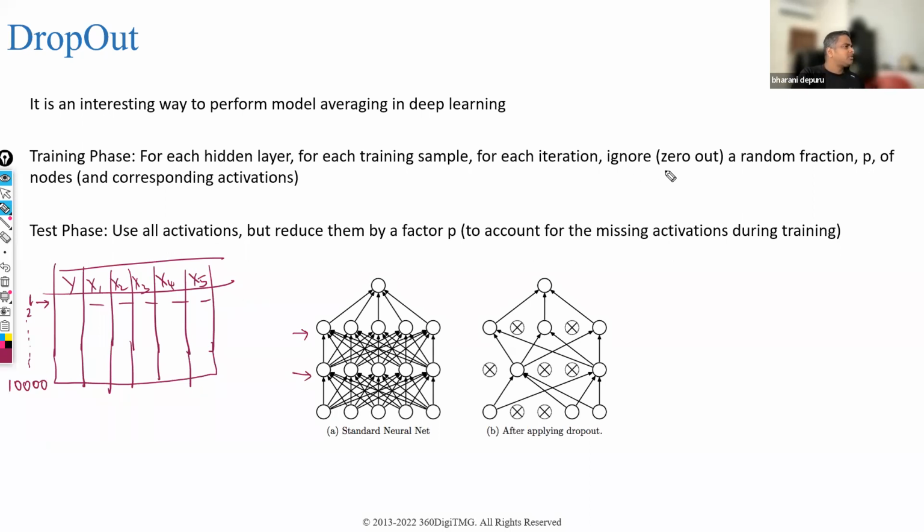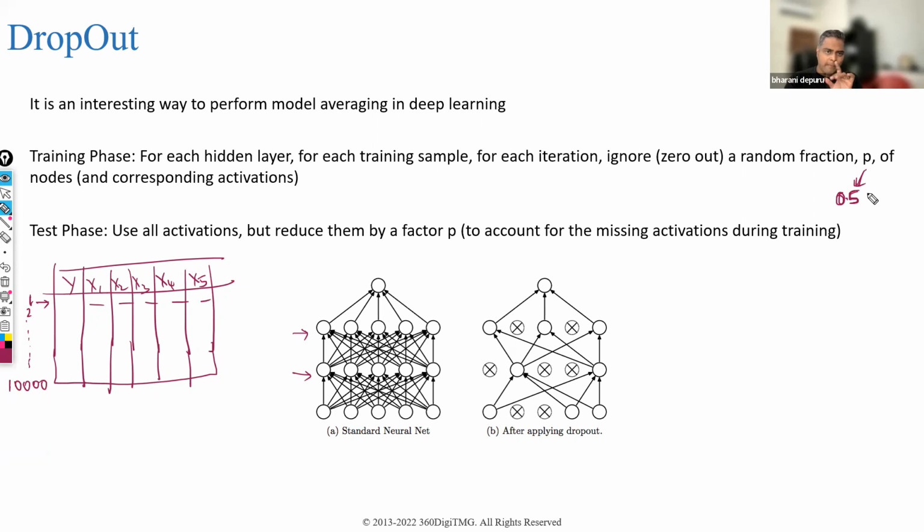So if you put this random fraction here as, say, 50%, 0.5, when you do that, 50% of nodes or neurons will basically become 0. Okay.